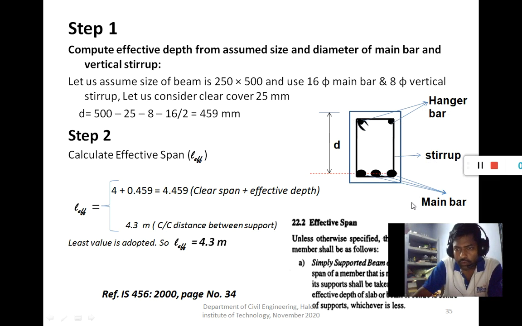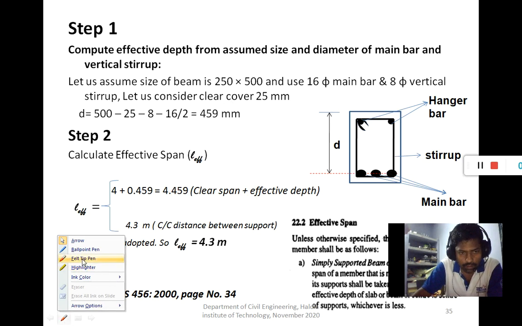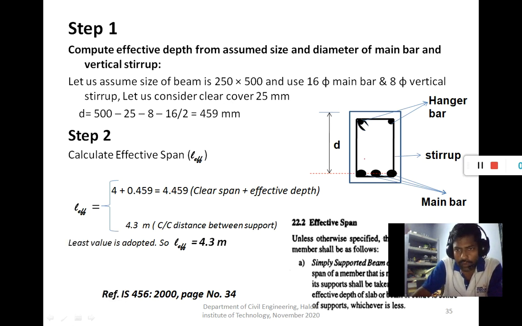Main bars are used in the tensile zone, because in the beam the sagging bending moment takes place. Below the neutral axis the tensile stress is developed, and to improve the tensile strength of the section, the bar is placed in the tensile zone.